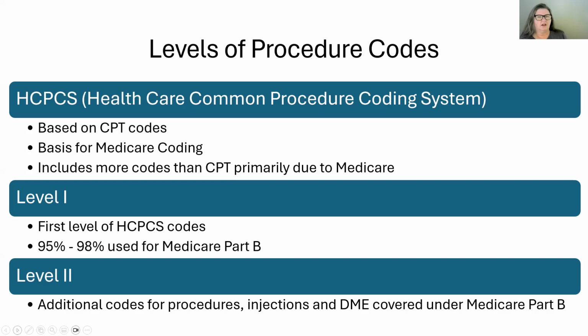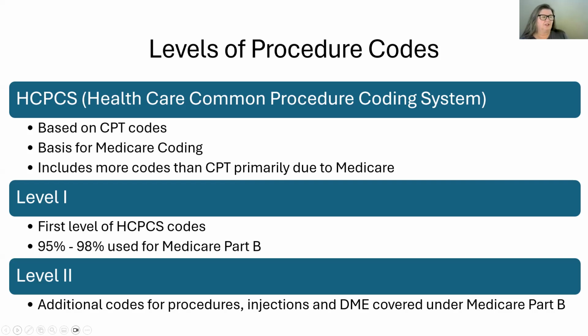These are based on CPT codes, and were the basis for Medicare coding. The reason for HCPCS is primarily because HCPCS includes more codes than the CPT does, primarily due to Medicare. Medicare oftentimes covers a lot more than your typical insurance does. So you have to have more codes.